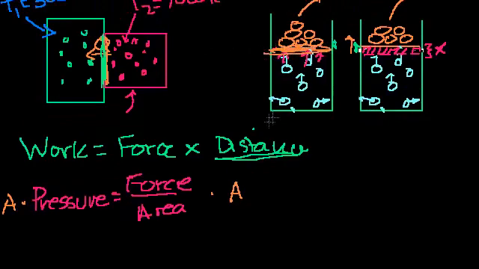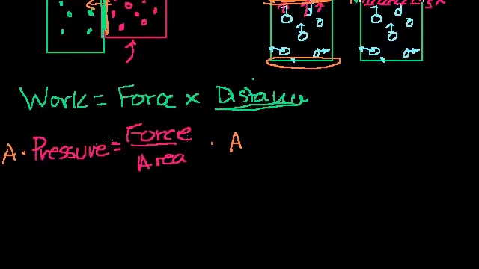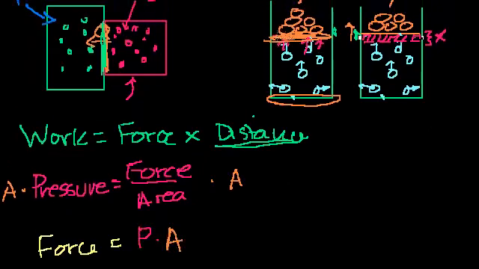It has some area, probably the same area as the base of the container. So we could say that the force being applied by our system is equal to the pressure of the system times the area of the ceiling of our container, of the piston.